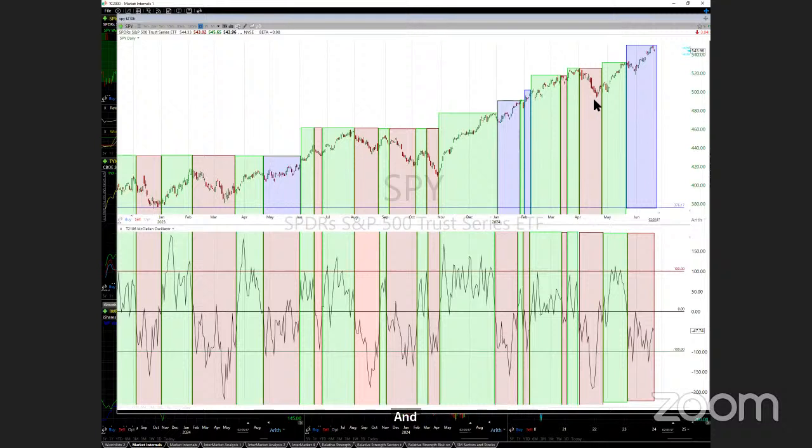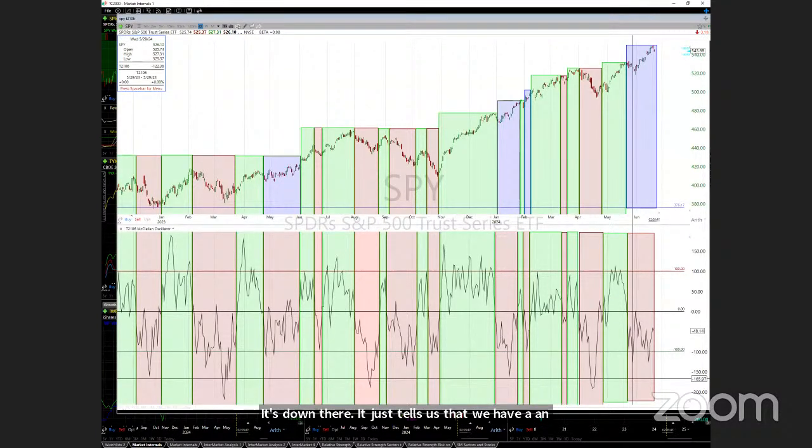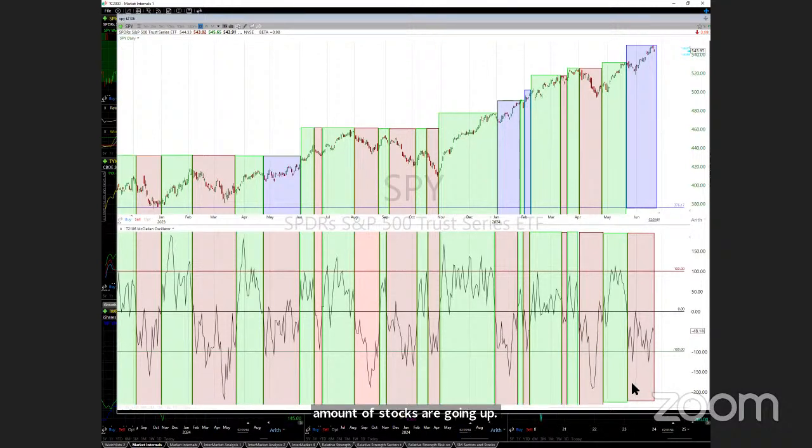So now what we see while the markets are going up and breadth is negative, even below the zero line, it's not even intersecting through the zero line. It's down there. It just tells us that we have an overwhelming situation where a limited amount of big cap stocks are going up, pulling the S&P with them, and the techies, right, semiconductors.